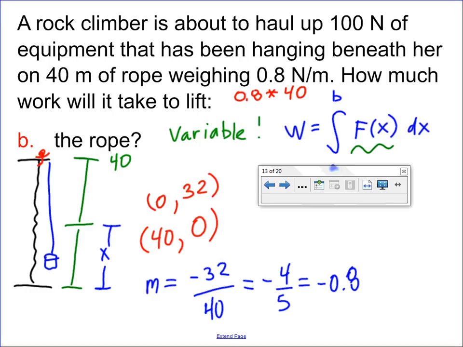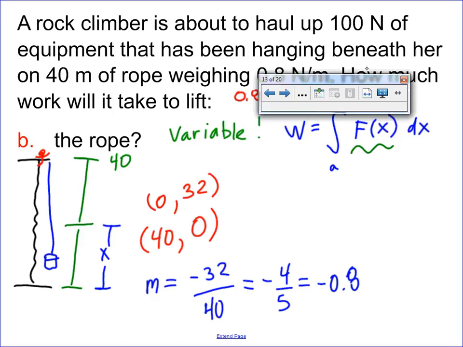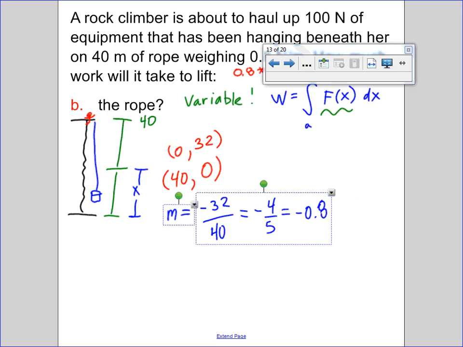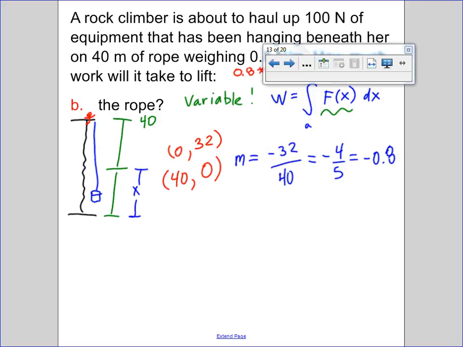So if we set up our x to represent the number of meters into my haul, then my force function will be given by f of x equals starting force 32 newtons minus decreasing at a rate of 0.8 newtons per meter times x. And when I'm all the way at the 40, then I'm down to 0 newtons required to haul.